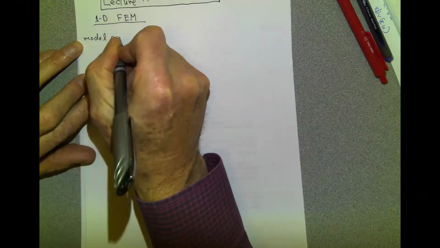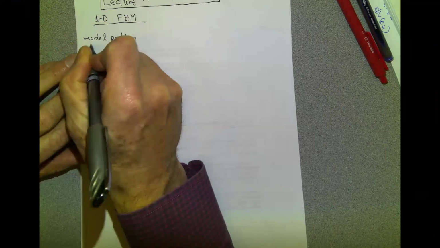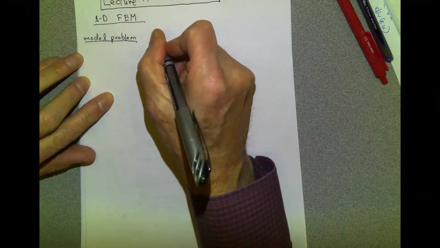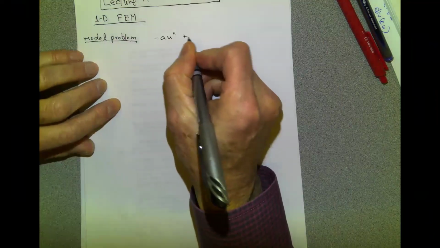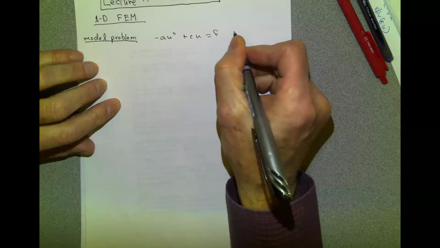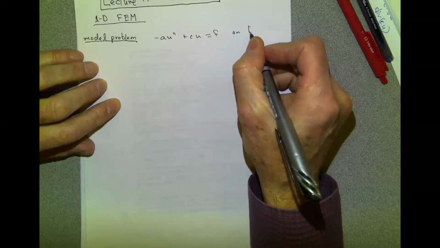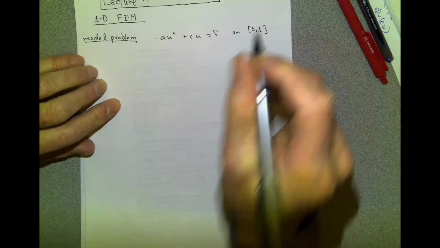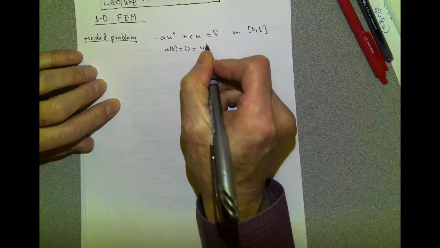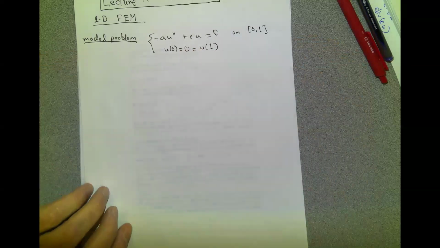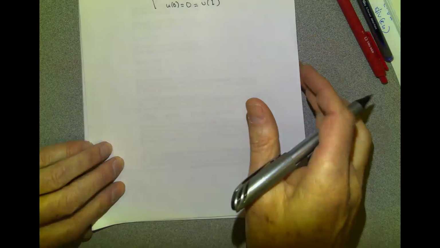I'm interested in solving this problem, for instance: minus A U prime prime plus C U is equal to F, say on the interval 0, 1. I would have U of 0 equal to 0 and U of 1 equal to 0 as well. So that's my model problem. That's the Laplace equation in 1D.